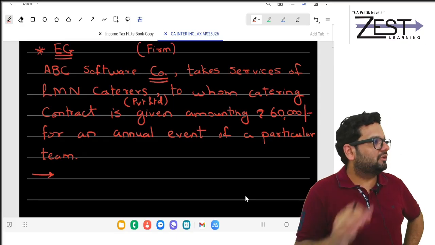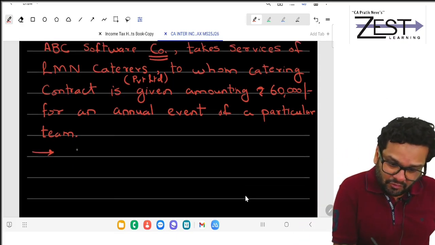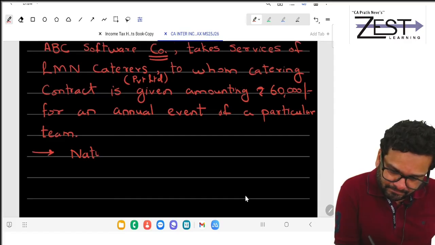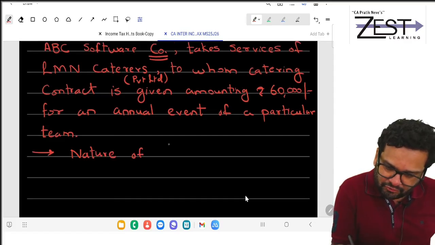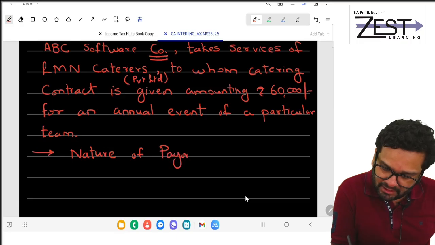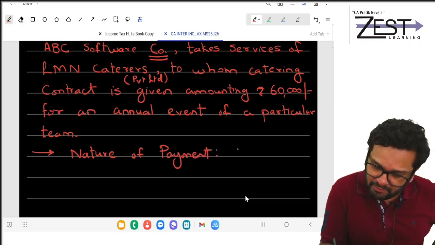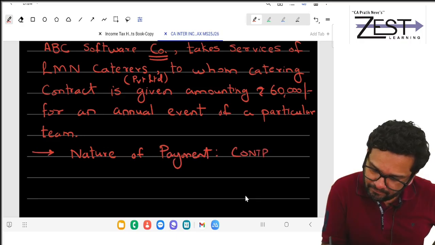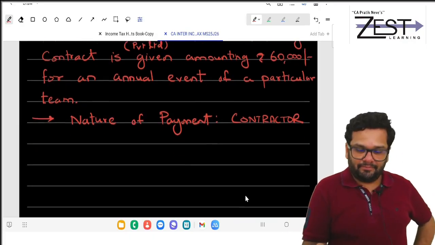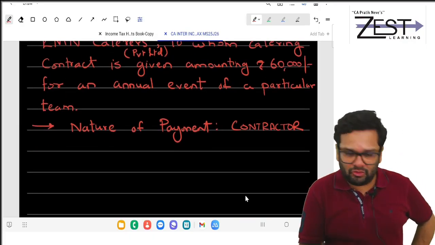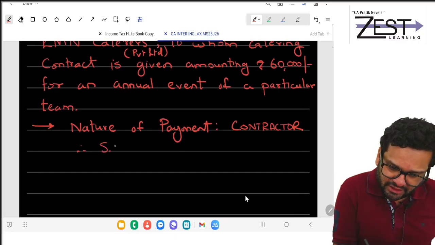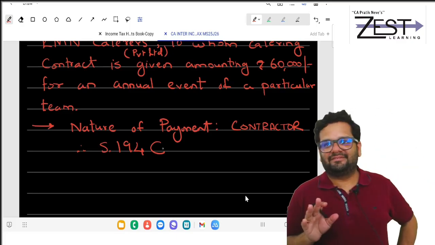What is the thought process? One, tell me which nature of payment. Nature of payment is payment to contractor. Therefore, section 194C.